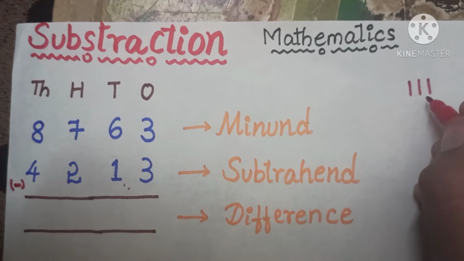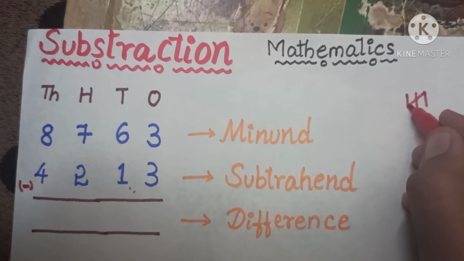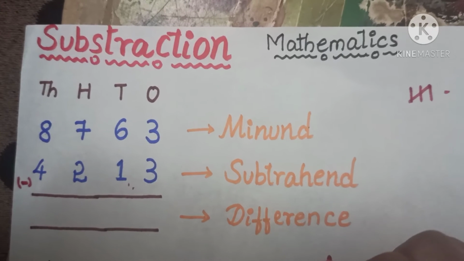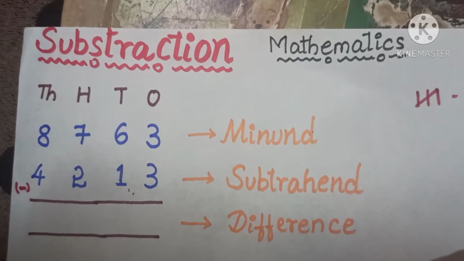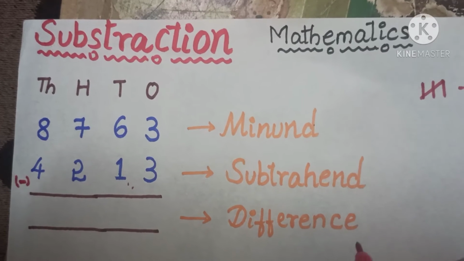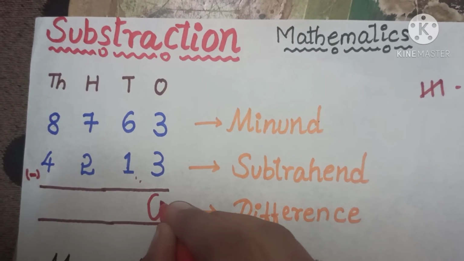Imagine you have 3 chocolates and you give all 3 to your friend. How many chocolates do you remain with? Yes, you remain with 0 chocolates.